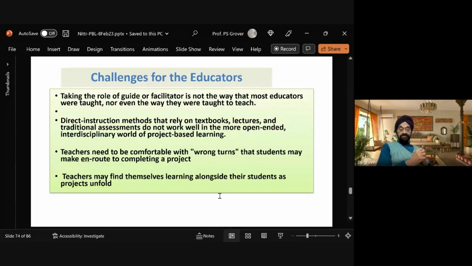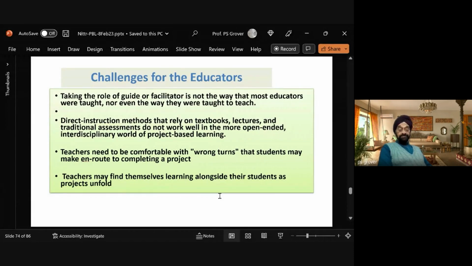Direct instruction methods that rely on textbooks, lectures, and traditional assessment do not work well in the more open-ended, interdisciplinary world of project-based learning. Teachers need to be comfortable with wrong turns that students may make while doing the project.